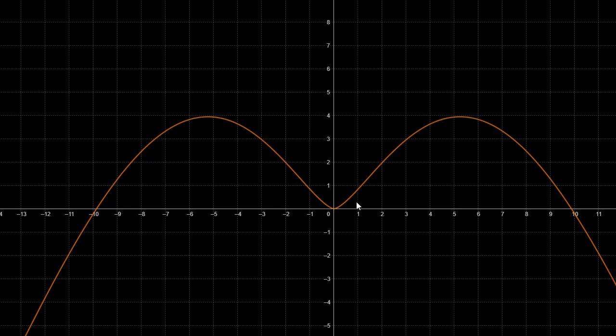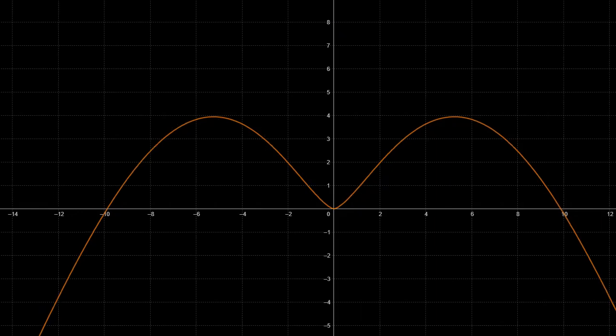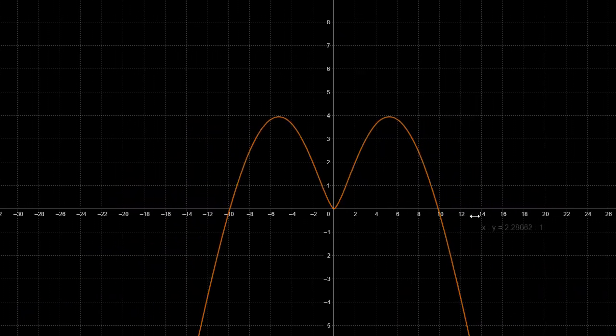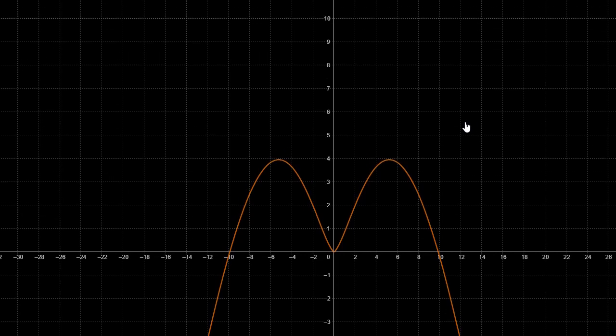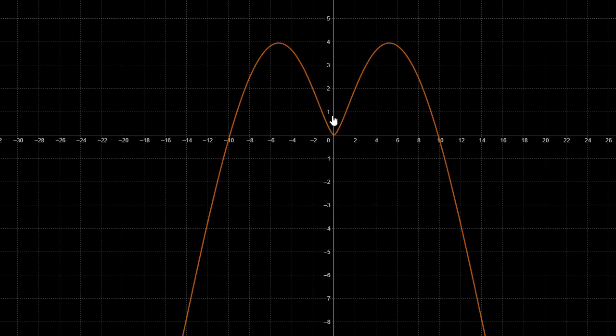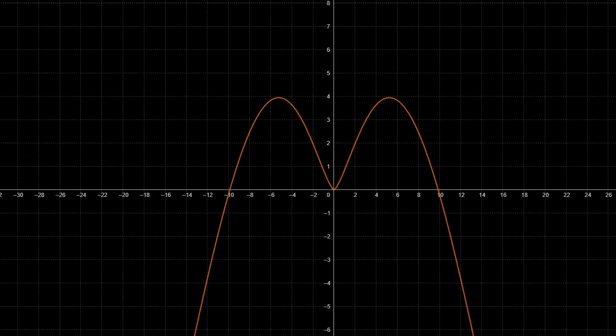Okay, now if we adjust this a little bit and look at this other example, it looks like as x goes to infinity and negative infinity, this graph is going down to negative infinity.